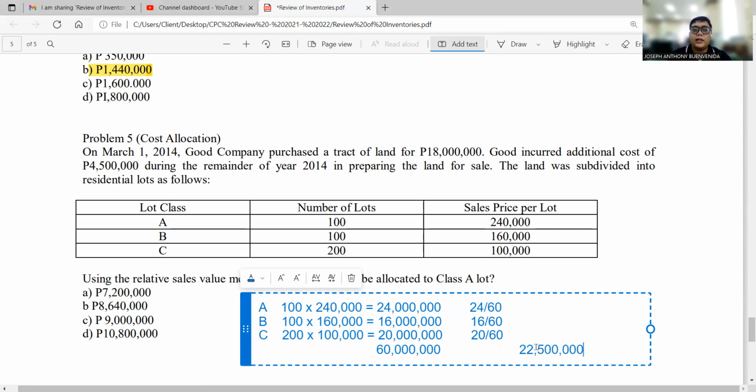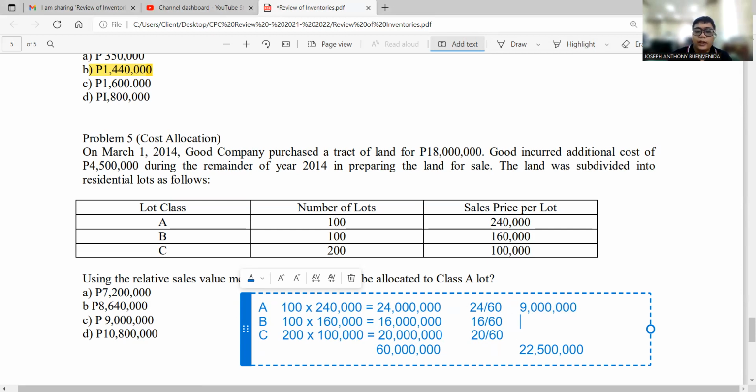So pamangkot niya is only si lot A, no? So 22,500,000 times 24 divided by 60. So ang value niya is 9 million, no? Ang cost kay lot A is 9 million.